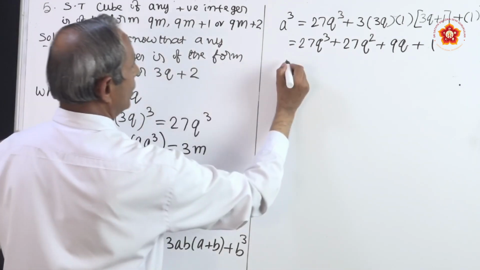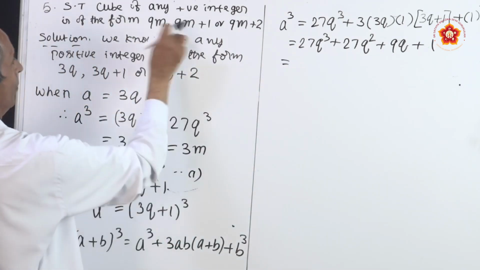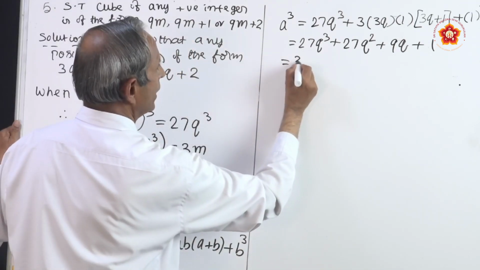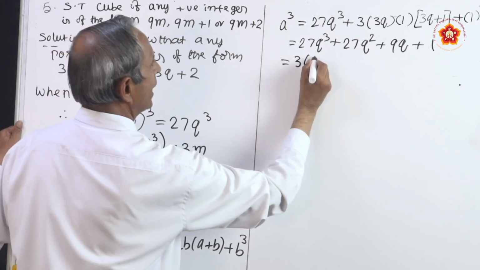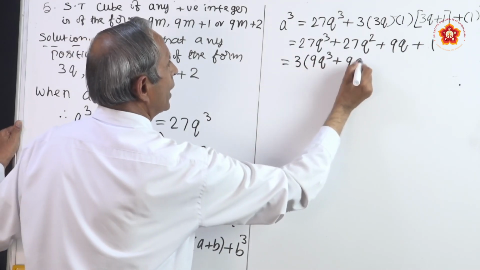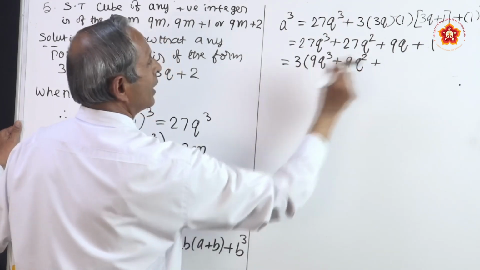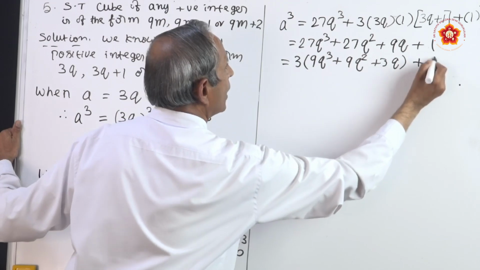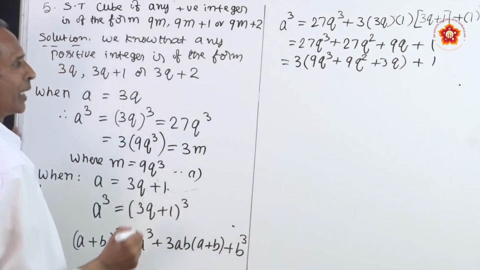Now here also you should get 9m, therefore take 9 as a common factor. You will get 9 times 3q cube plus 3q square plus q, and plus 1, as it is.